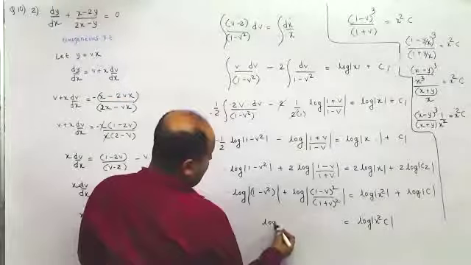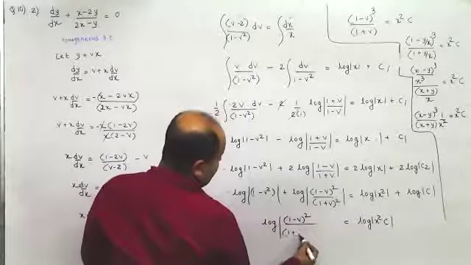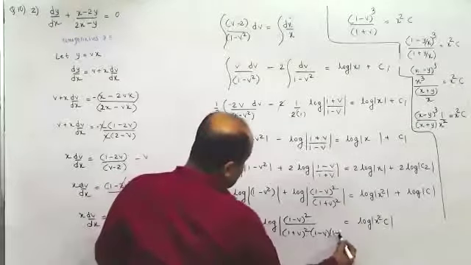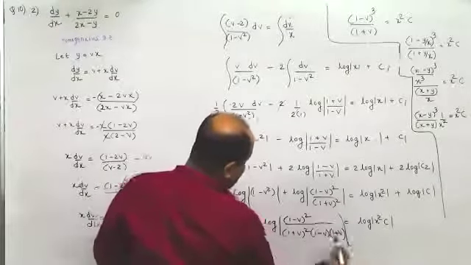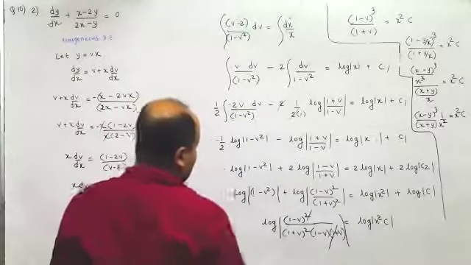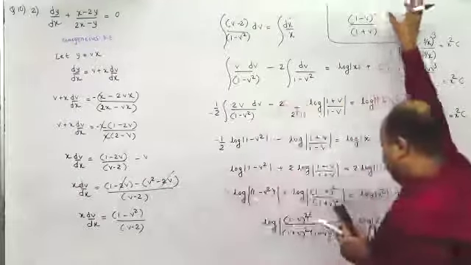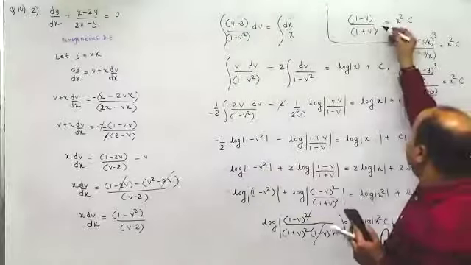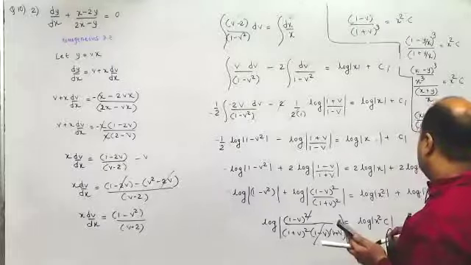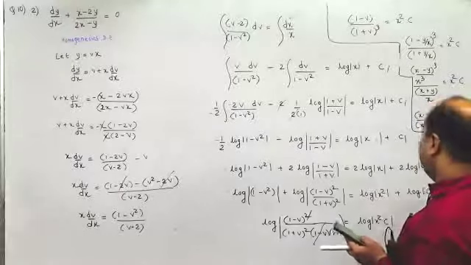Yes. So this would be log of (1 minus v) the whole square upon (1 plus v) the whole square, and this would be 1 minus v square, or I'll say (1 minus v) into (1 plus v), and therefore this and this get cancelled. Instead of this it would be 1 minus v, this would be (1 plus v) cube, and this is x cube into constant.